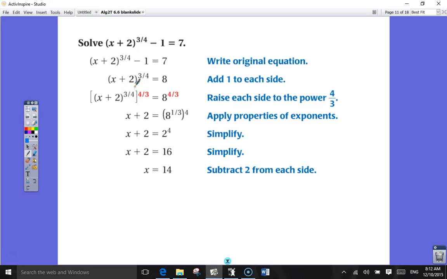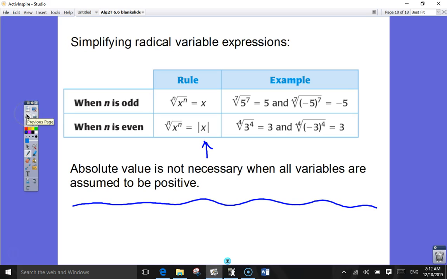Do I need that in absolute value symbols? Notice this, I raised it to a power which had a 3 in the denominator. So that was a cubed root. So do we have the same issues? When it's odd, you don't need that absolute value symbol. You don't have the same thing, like the square root of 4 could be plus or minus 2, but the cubed root of 8 can't be plus or minus 2.